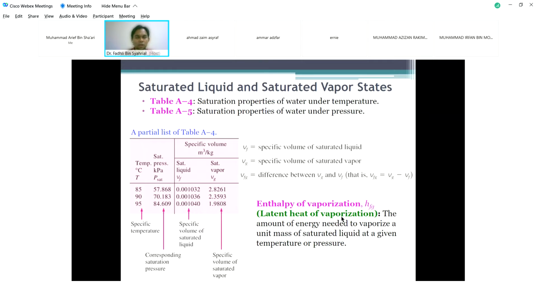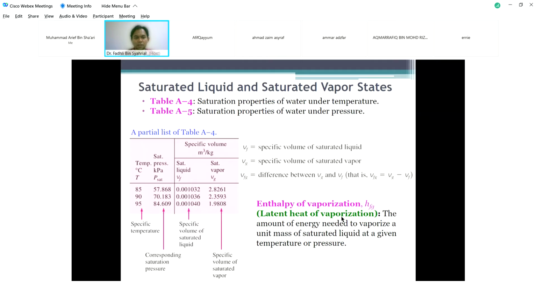If we look at a T diagram, pressure is constant. Look at PV diagram, pressure versus specific volume diagram, temperature is constant. So in the last part of our last week session, we have discussed this one, saturated liquid and saturated vapor states.